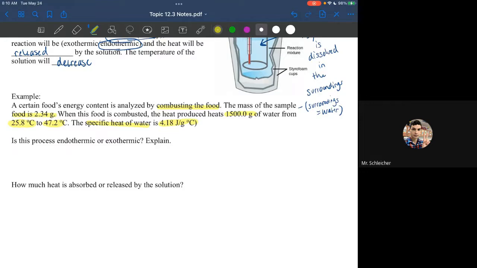Okay. So I'm hearing that food is combusted and the temperature of the water rises. Do you think this process is endothermic or exothermic? So this process will be exothermic.